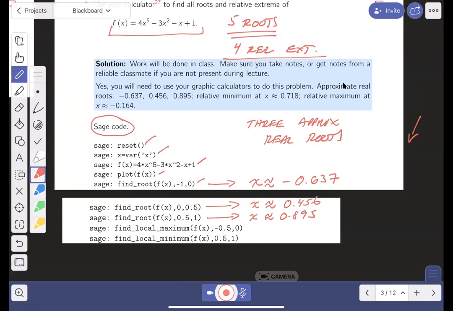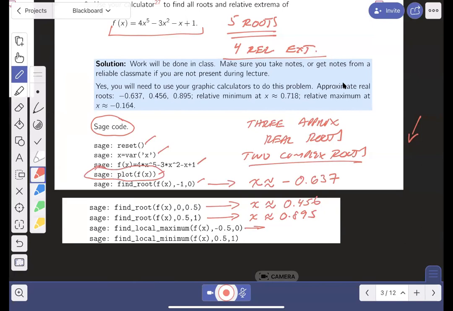All right. We found 3 approximate real roots. Who did it for us? Sage did it for us. What does that mean? There's 2 complex roots. You're not going to see them in the graph, by the way, because your graphs are the real number system. How will those complex roots appear? As a conjugate pair. All right. I'm also going to point out, if you're looking at the graph, the one you just plotted, you would notice there's a relative min and max.